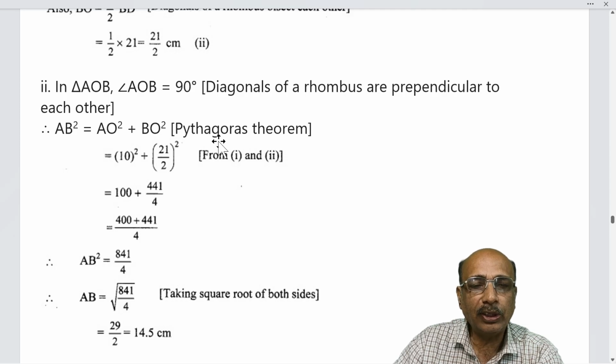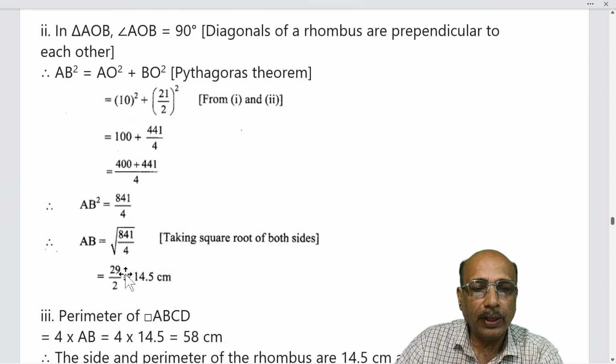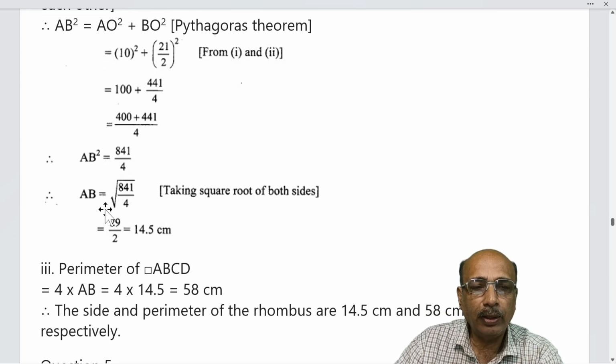Substitute OA as 10 and OB as 21 by 2. Simplify this, you will get AB square equals 841 upon 4. Taking square root on both sides, AB equals root of 841 upon 4. Root of 841 is 29 and root of 4 is 2. So it will be 29 upon 2.